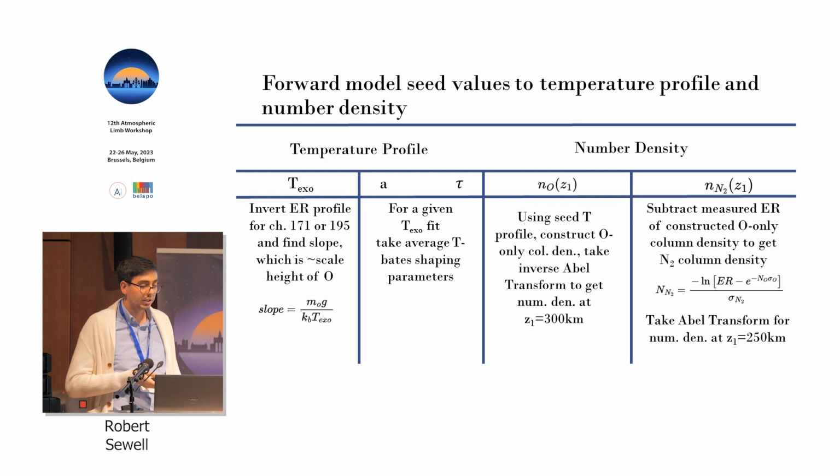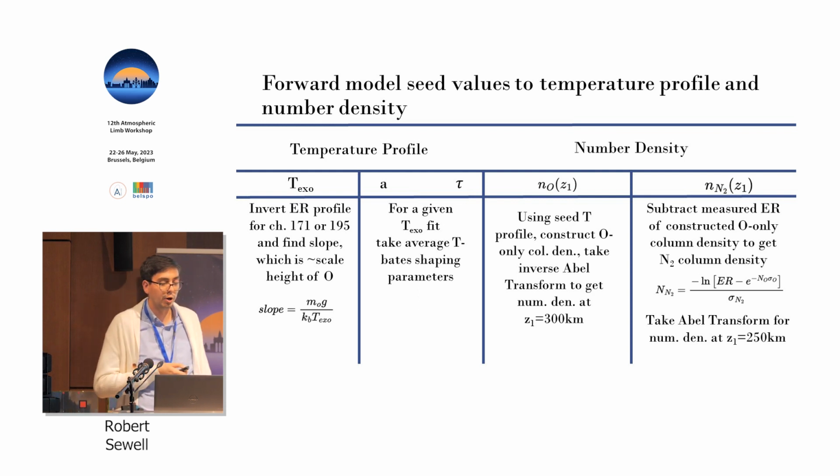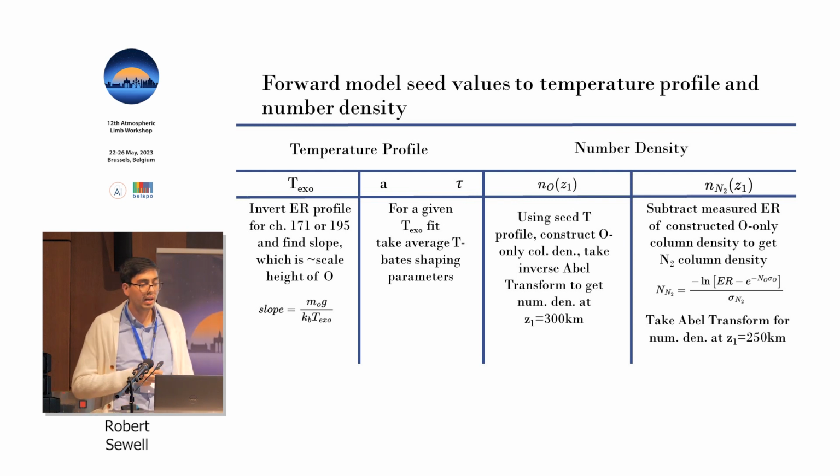And so we get the exospheric temperature from this equation here, just relating simply the slope to the scale height of oxygen. And then the only thing that's not self-consistent in these seed values are getting our A and tau shaping parameters for the Bates temperature profile. What we do for this is we take our fitted exospheric temperature, but then we use a database.